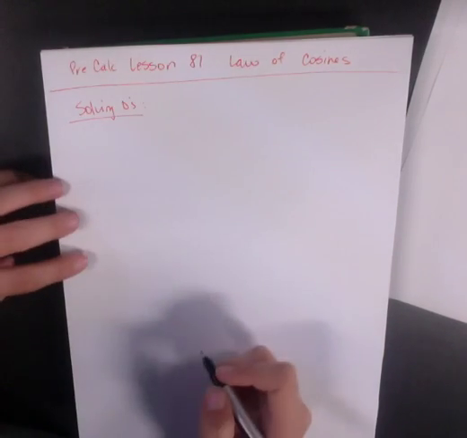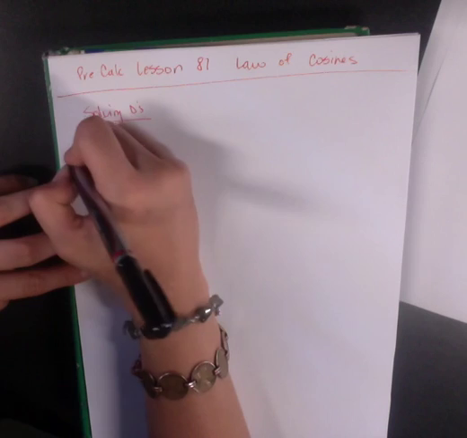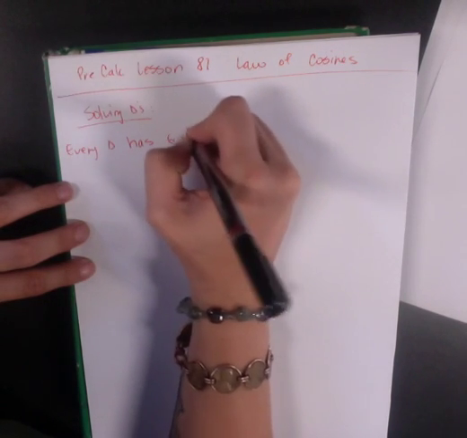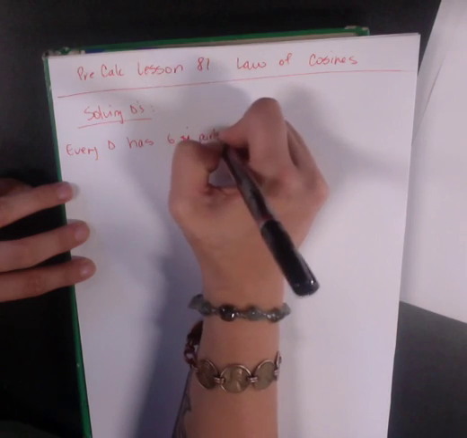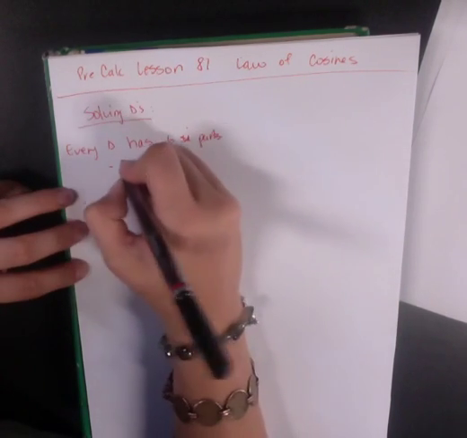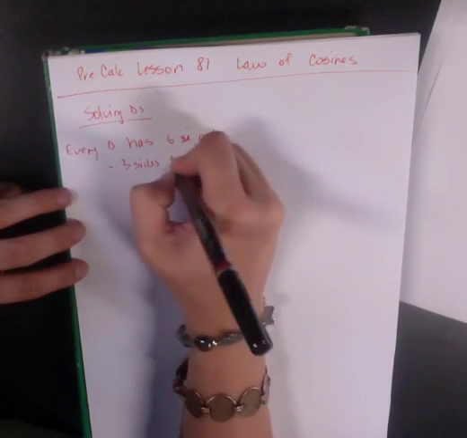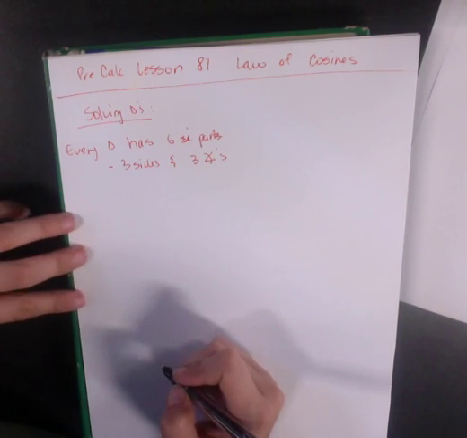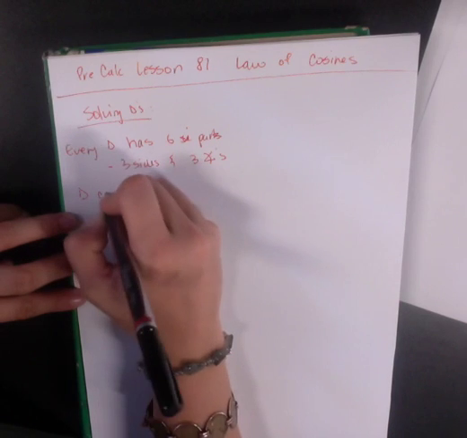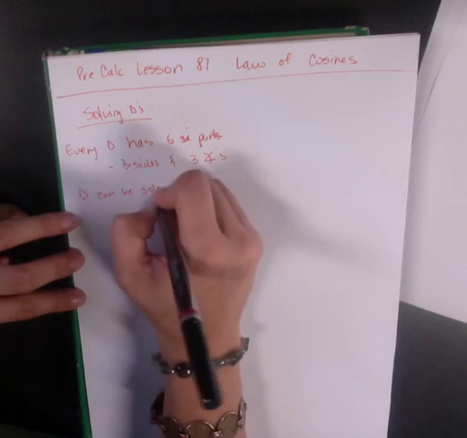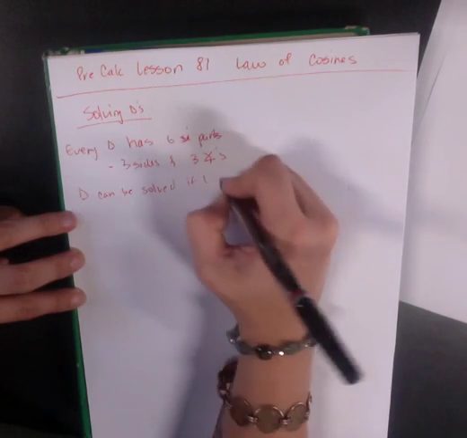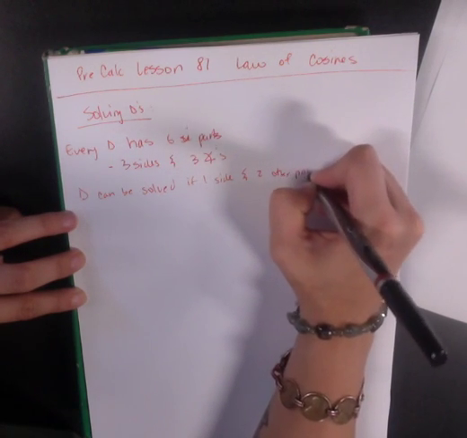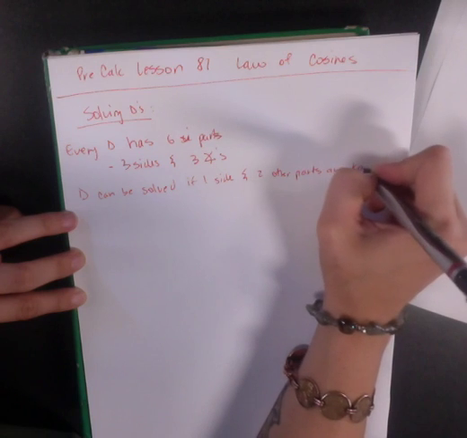Solving triangles. Every single triangle has 6 parts. It has 3 sides and it has 3 angles. Now a triangle can be solved if one side and 2 other parts are known.